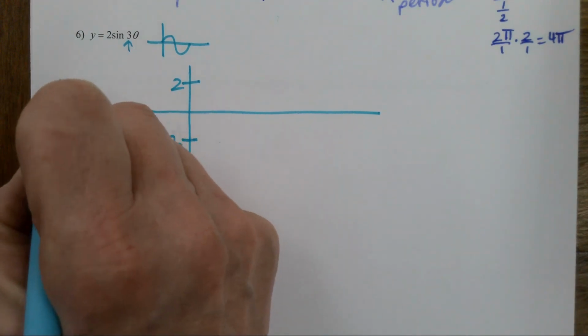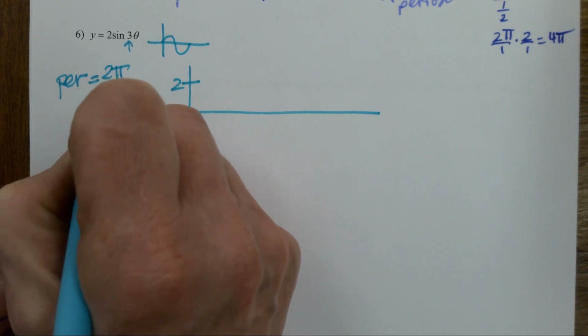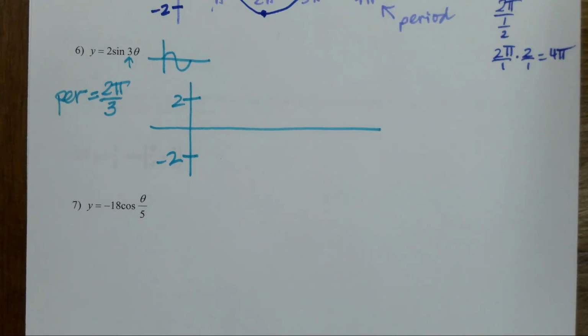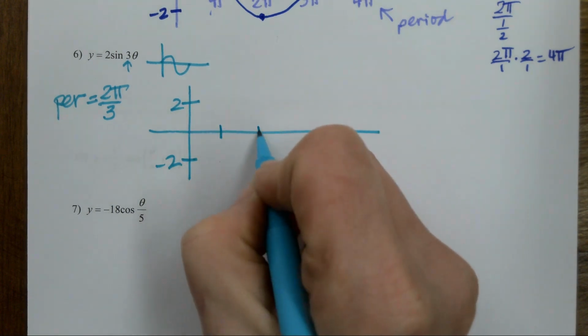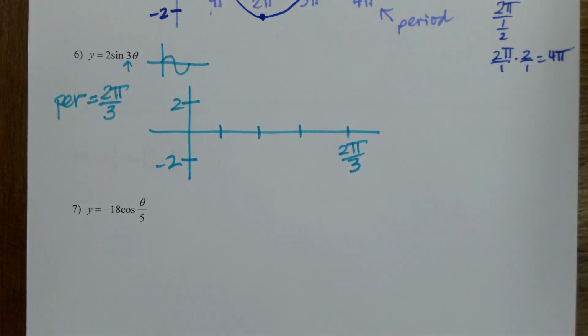So my period on this graph is 2 pi over 3. If I can fit 3 into 2 pi, then I can fit 1 in 2/3 pi. And that means that when I put my 4th tick mark here, it is 2/3 pi.